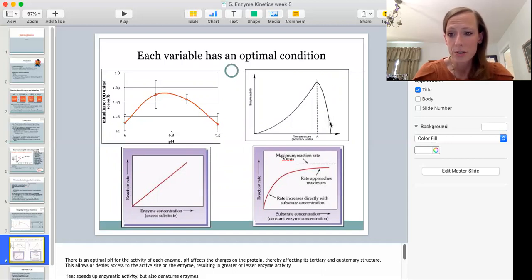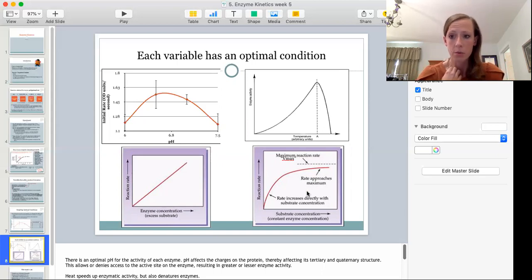And this is due, as I mentioned previously, to the denaturing of the enzyme at too high of a temperature for the enzyme to maintain its structure. So at that point, you're going to see a sudden drop in the enzymatic rate because of the enzyme denaturing, okay?